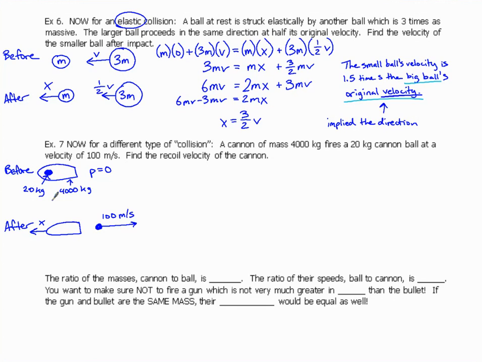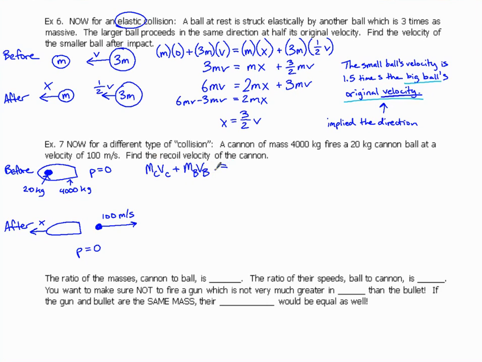Since the momentum was 0 in the beginning, the total momentum at the end also needs to be 0, which just goes to say that it obeys the law of conservation of momentum. So the formula here: the mass of the cannon times the velocity of the cannon plus the mass of the ball times the velocity of the ball.